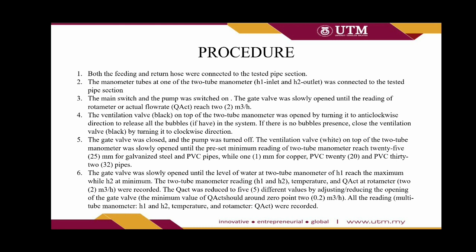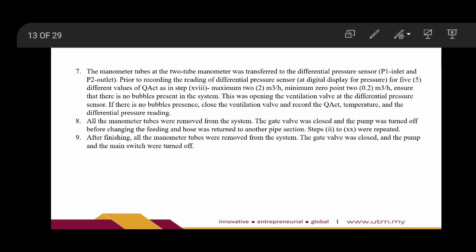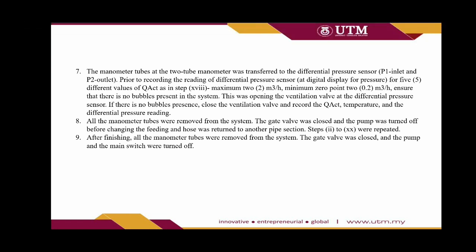The QH was reduced to 5 different values by adjusting or reducing the opening of the gate valve. The minimum value of QH showed around 0.2. All the readings were recorded. Seventh, the manometer tubes at the 2-tube manometer were transferred to the differential pressure sensor.